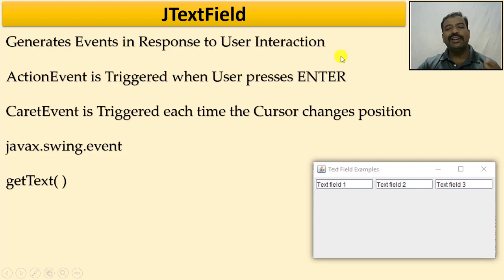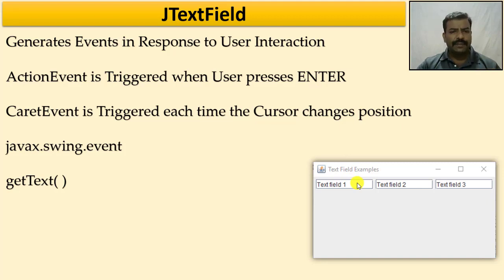When a user clicks on the text field to type, or types the first character, events will be generated in response. The action event is triggered only when the user presses enter, indicating the end of the input.